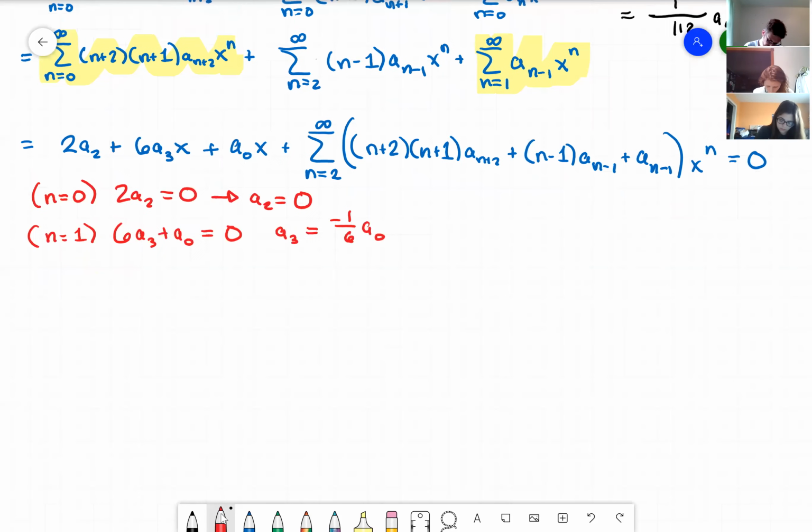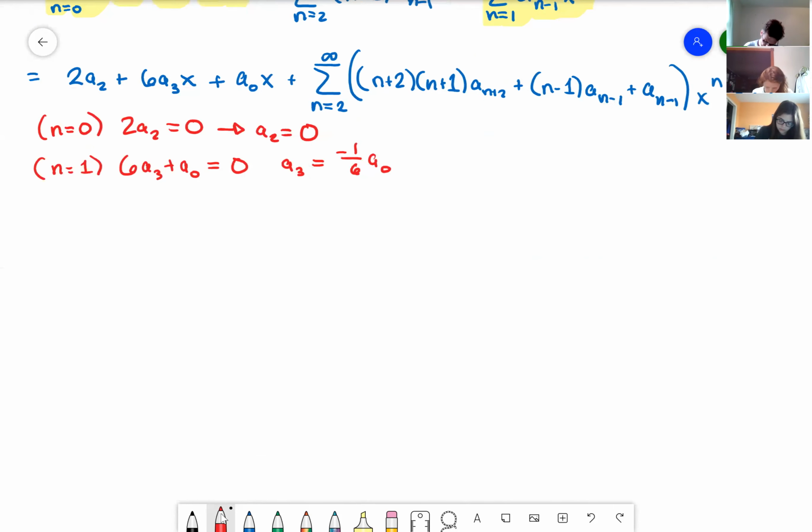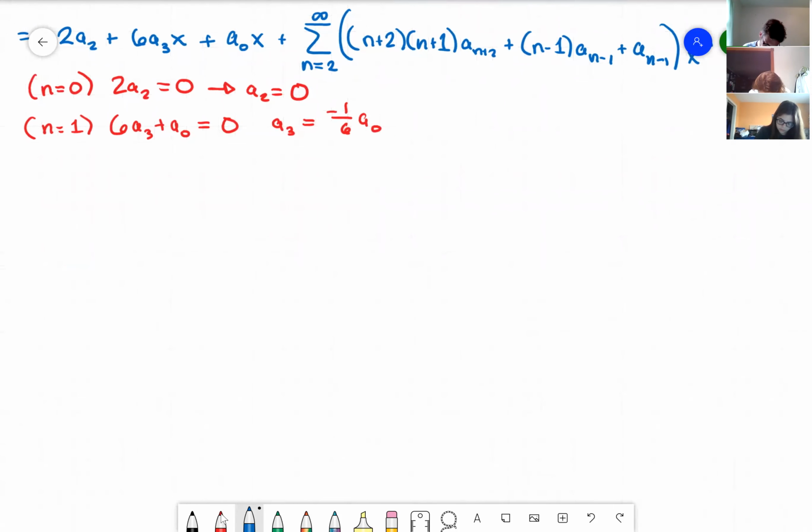And then the general recurrence relation will be (n plus 2)(n plus 1) a_(n+2) plus n a_(n-1) equals 0.